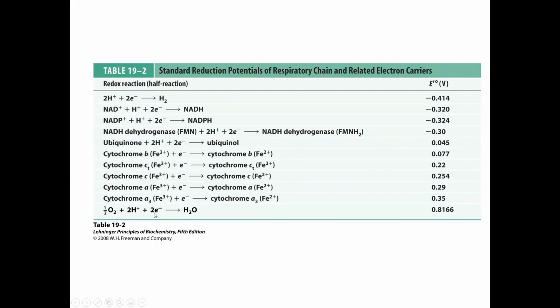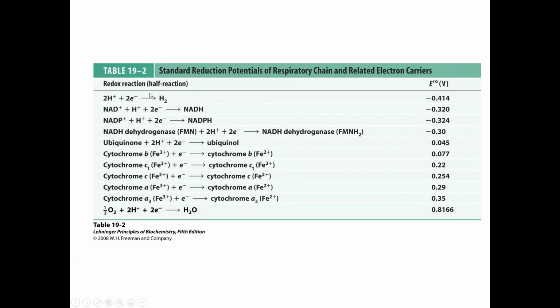At the bottom, they're showing you the molecular oxygen half reaction: half a molecule of oxygen, or half equivalent of molecular oxygen, plus 2 equivalents of protons and 2 electrons will give you 1 mole of water. You can see the standard reduction potential for that reaction is 0.81 volt.